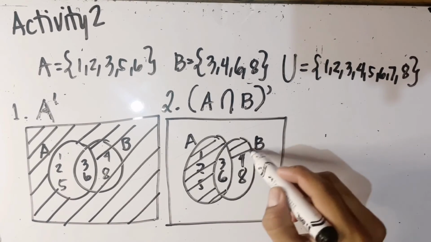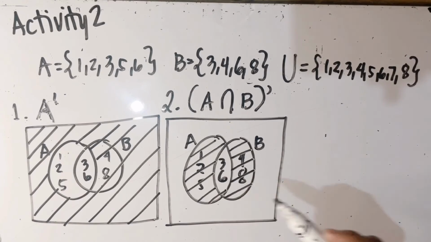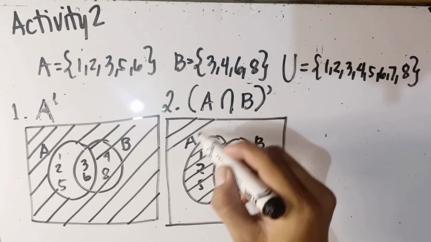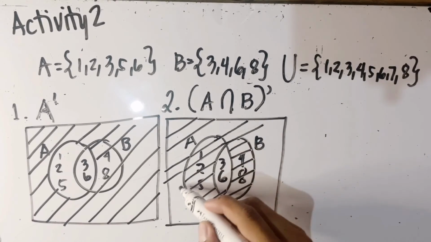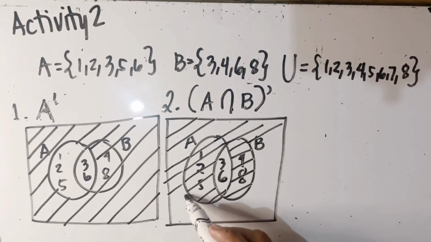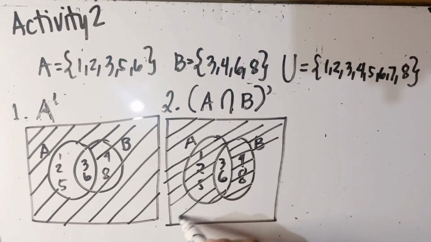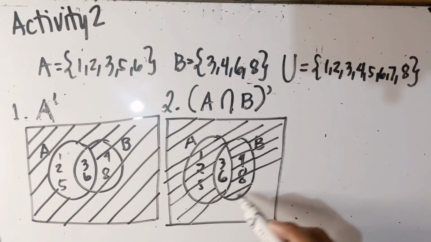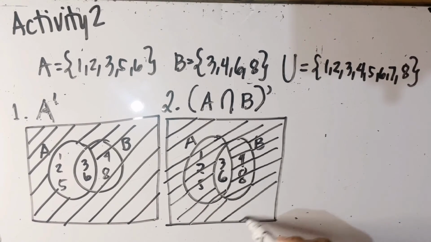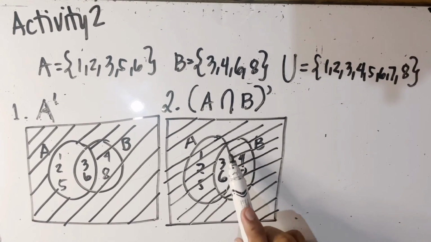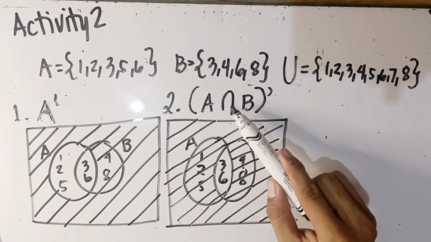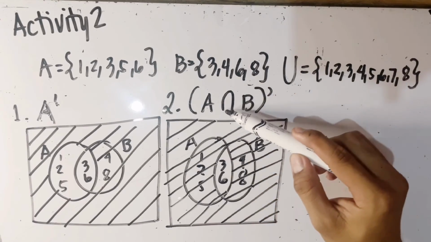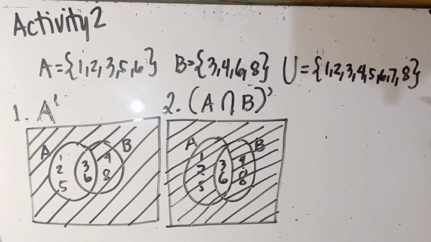We will also shade this one. And we will also shade the outside part. And we will leave 3 and 6 unshaded because that is the complement of the intersection of A and B.